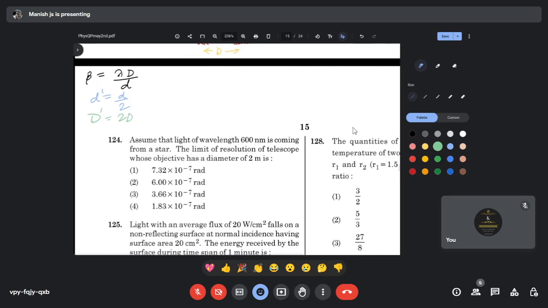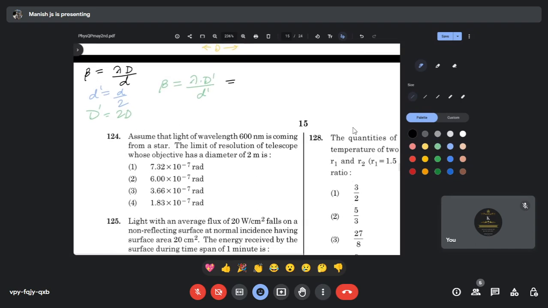So now I'm going to substitute in the formula for fringe width, which says lambda times D dash upon small d dash. In the place of D dash, I'm substituting 2D. In the place of small d dash, I'm substituting d by 2.